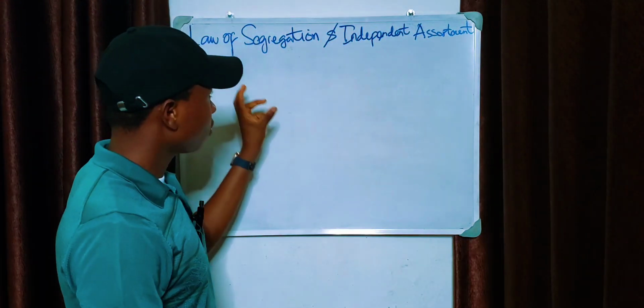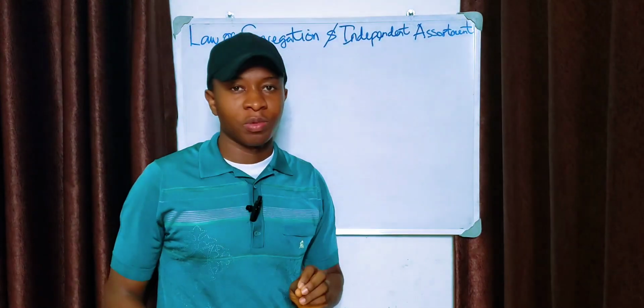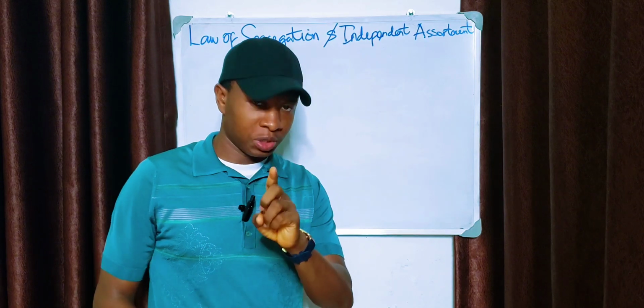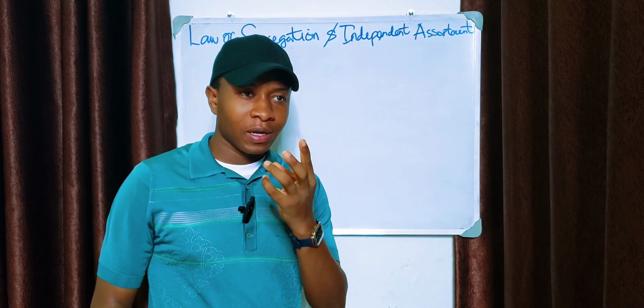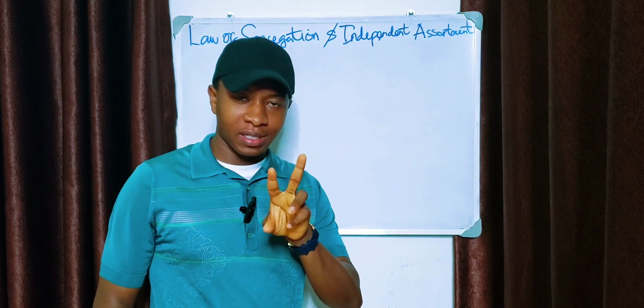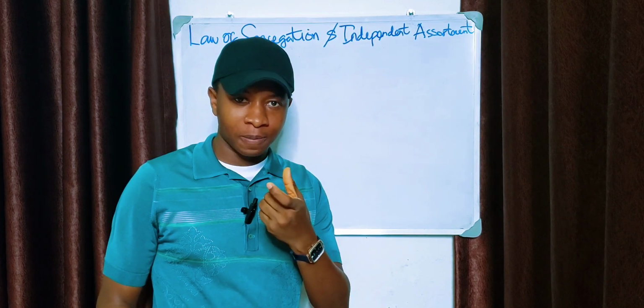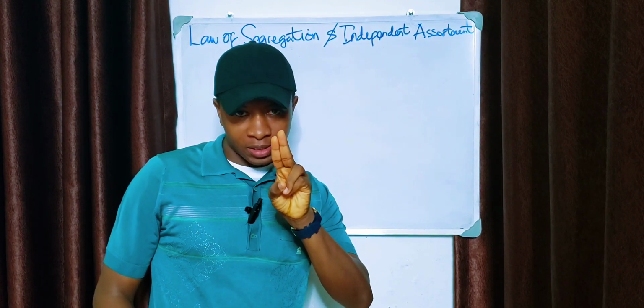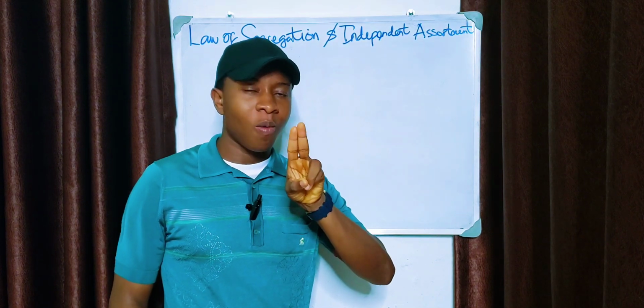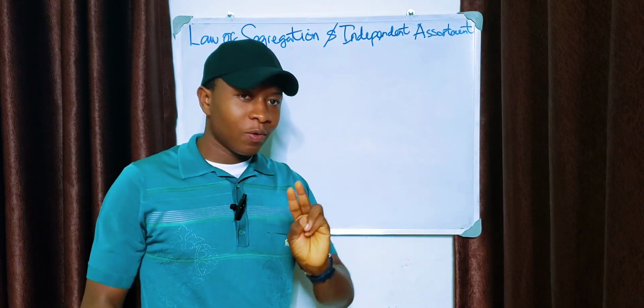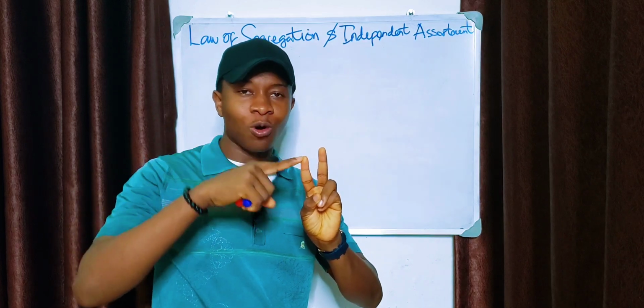Now, before I talk about the law of segregation and independent assortment, I would want you to know something very important. And that is every characteristic or every trait comes in pairs. Each member of that pair is called an allele.